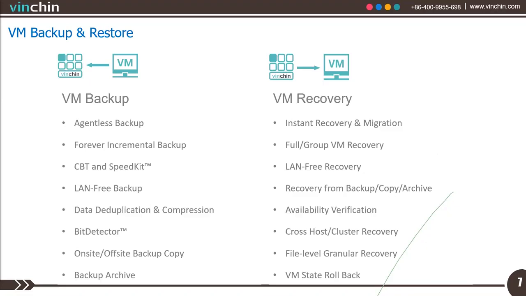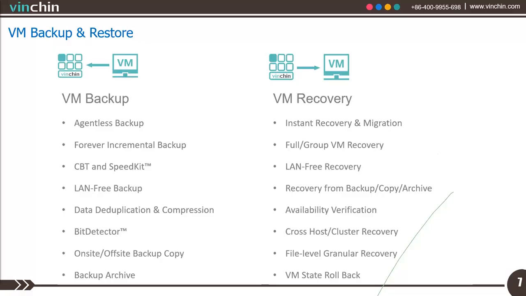For virtual machine recovery, we have instant recovery and migration, full and group virtual machine recovery, NAND-free recovery, cross-host or cross-cluster recovery, recovery from backup, recovery from backup copy, and recovery from backup archive. So you have a lot of means to bring your virtual machine back online.